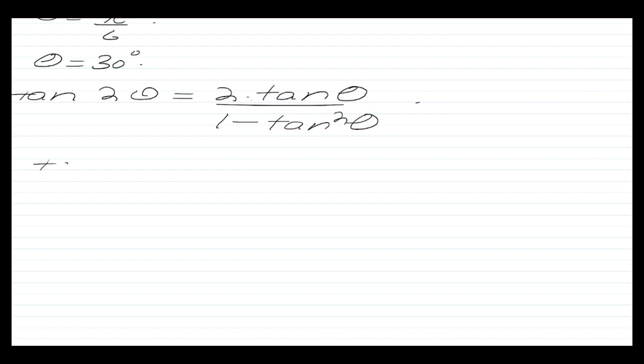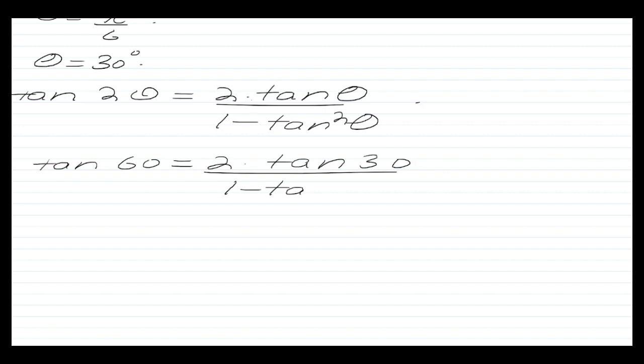So we can write tan of 60 being equal to 2 multiply tan of 30 divided by 1 minus tan square of 30. Okay, so what is the tan of 60? The tan of 60 is under root 3.